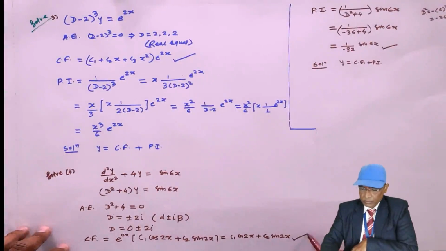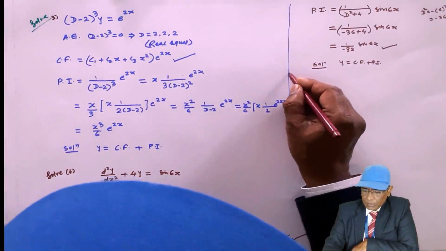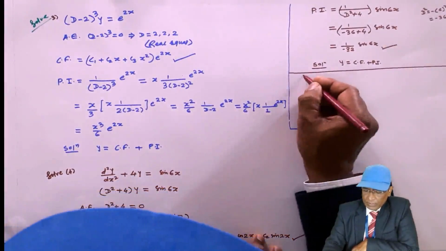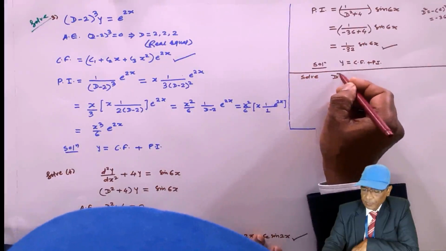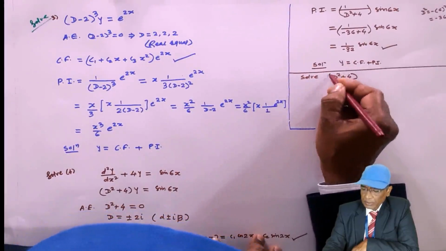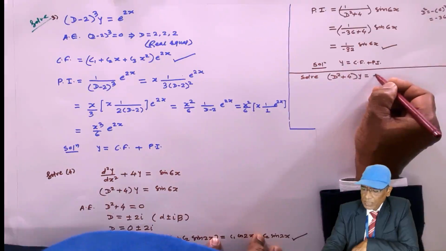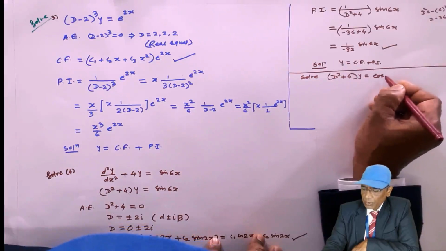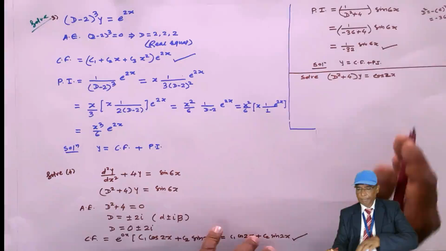Okay. Now, very quickly solve the differential equation D square plus 4 y is equal to cos 2x. There is the same procedure to operate the operator on sin ax or cos ax. Okay.